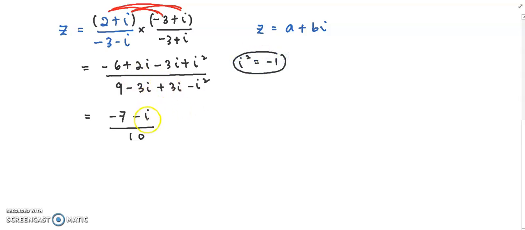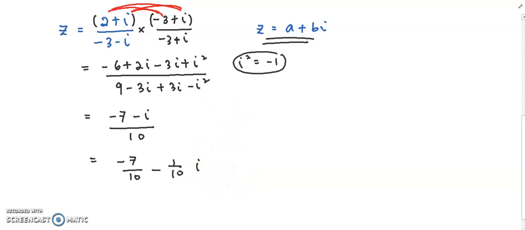Then we simplified it, you will get this. And you have to write it in the form of a plus bi. You couldn't leave it in this form. So to write it in the form of a plus bi, the simplified form, you have to write negative 7 over 10 as your a, and negative 1 over 10i as your b.